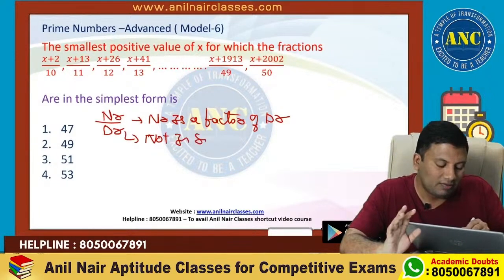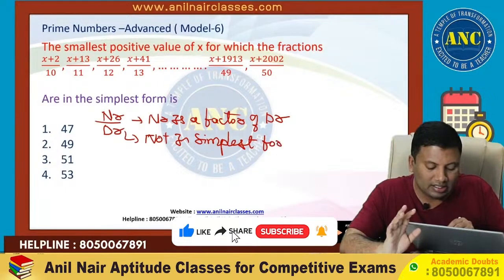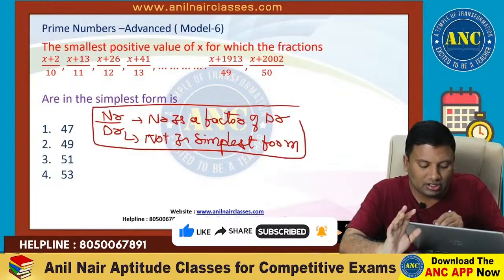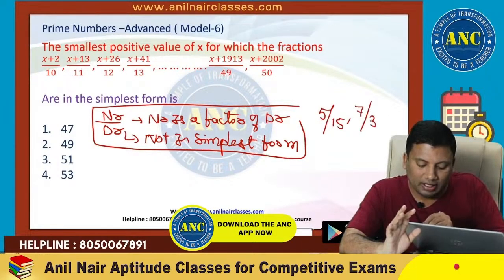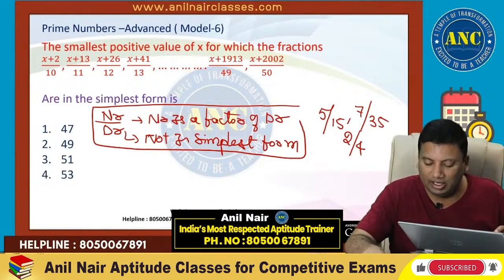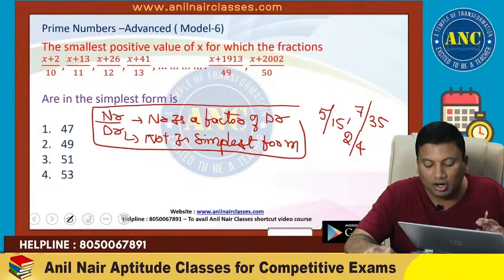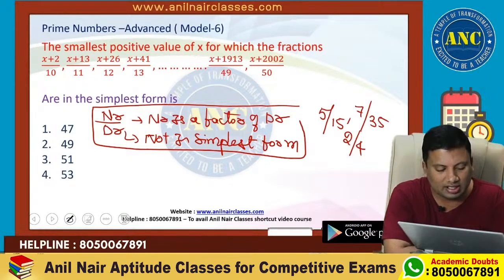Am I right? We will write some examples so that it will be clear. 5 by 15, 7 by 35, 2 by 4. 5 is a factor of 15, not in its simplest form. 7 is a factor of 35, not in its simplest form. 2 is a factor of 4, not in its simplest form.